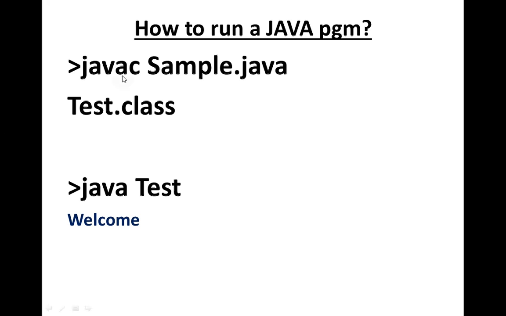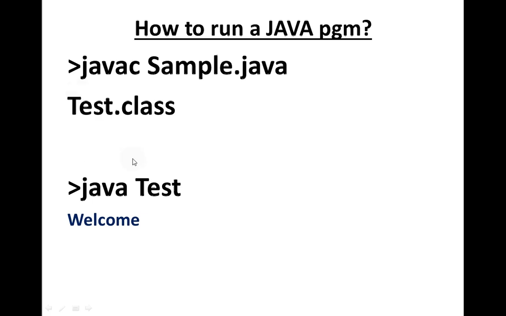Initially we compile using the javac compiler, and the input should be the file name, sample.java. Though we are giving sample.java, the output will be Test.class. Then for execution we should give java space test. We can't give sample here. So though we are giving sample.java, only test.class will be generated by the Java compiler.